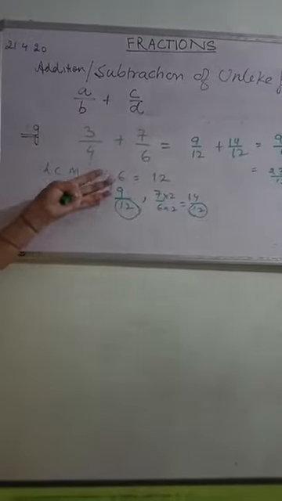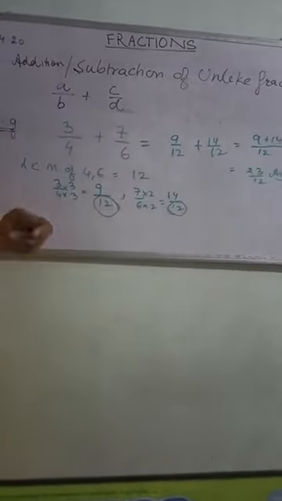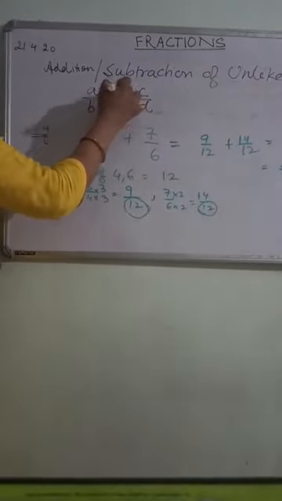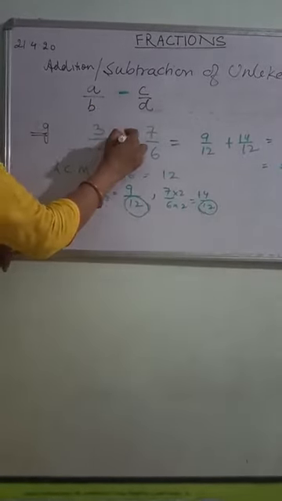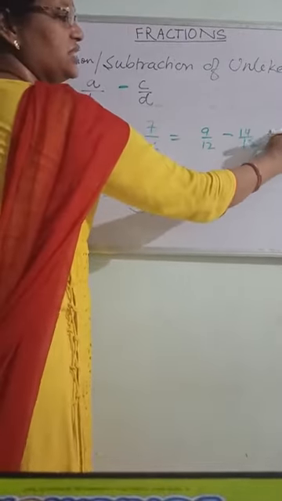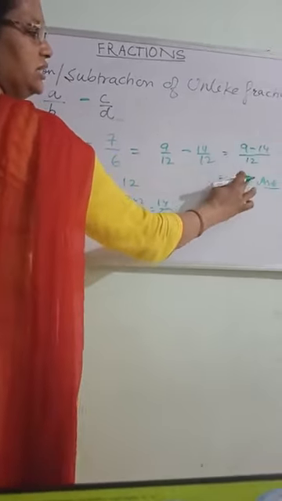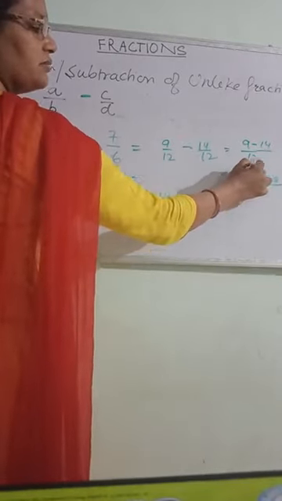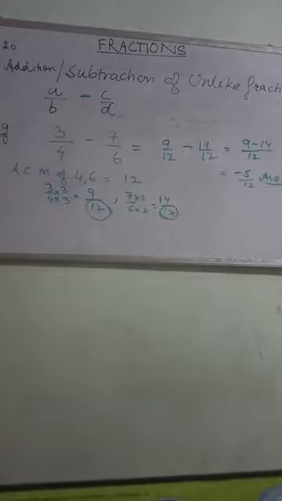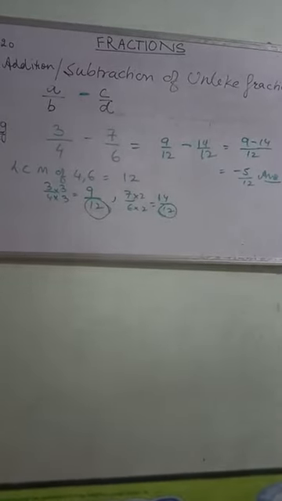The same procedure will be followed for subtraction also. If here it is minus, the same concept applies. Nothing changes but the subtraction. And here the answer becomes minus 5 by 2. Is that okay to all of you?